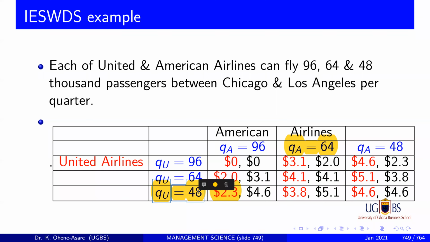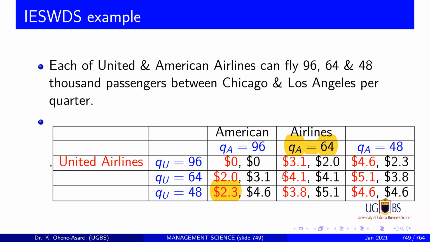Now, the thing we need to ask ourselves is this. Is United going to maintain that 48 if American Airlines should change its strategy to 64? Well, let's see. If American goes for 64, United will not go for 3.1, because 4.1 is better than 3.1 and 4.1 is better than 3.8.